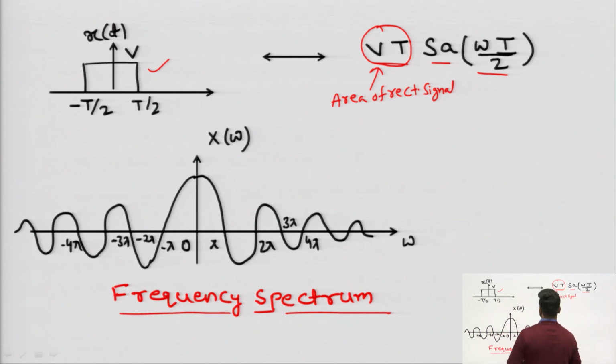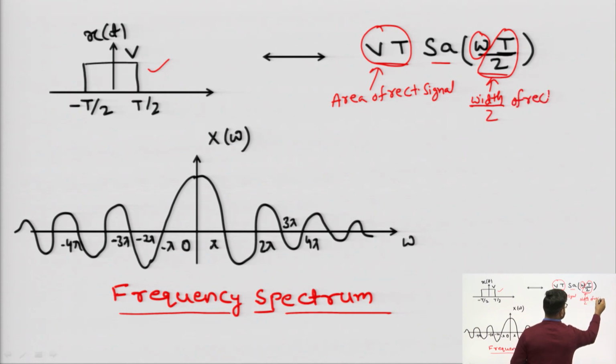Then we have the sampling function, and obviously it will be of omega because we are finding the Fourier transform. Then that T by 2 represents the width by 2 of the rectangular signal.